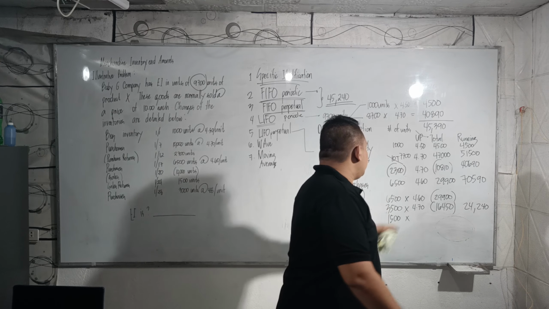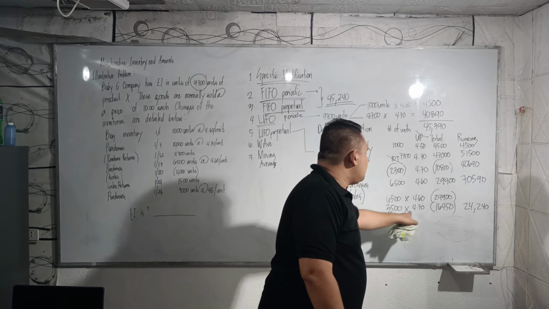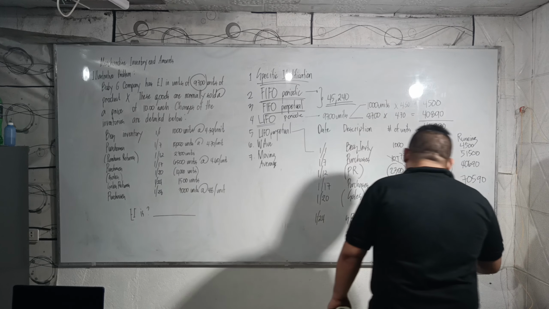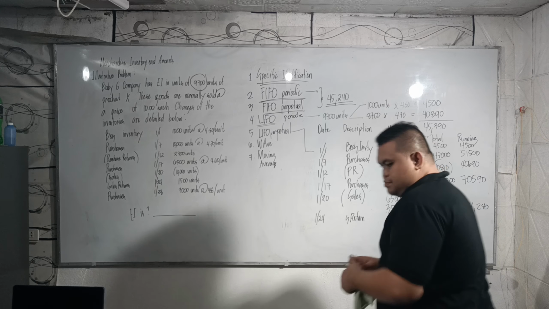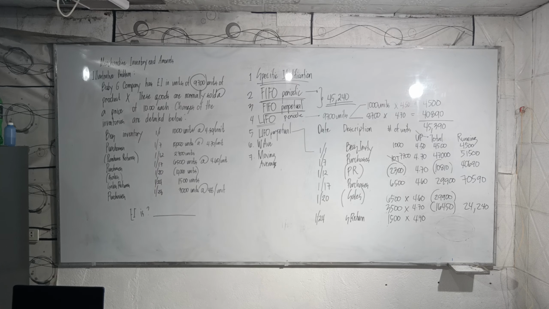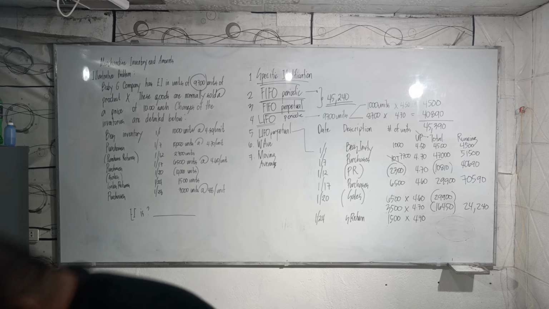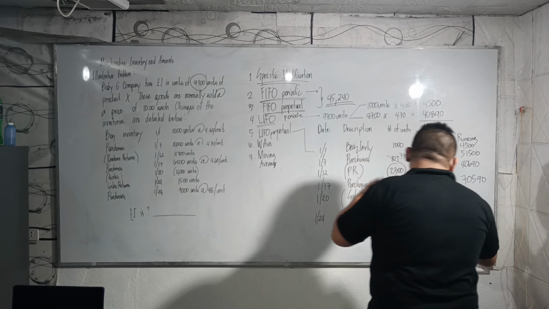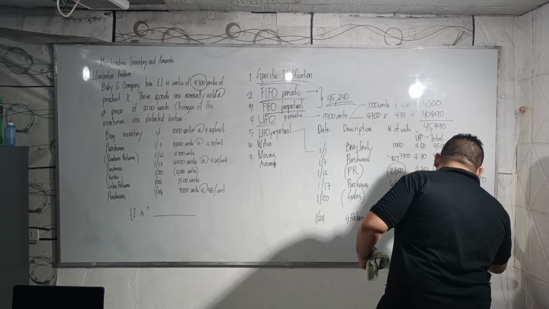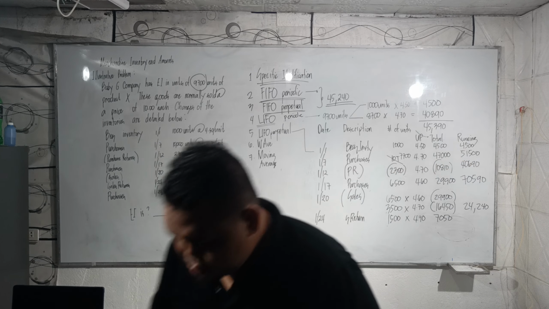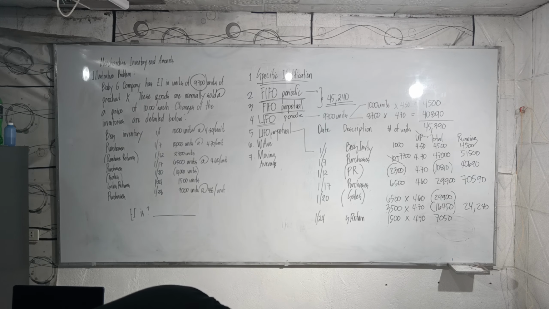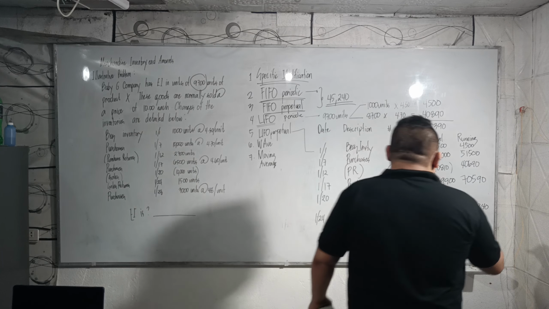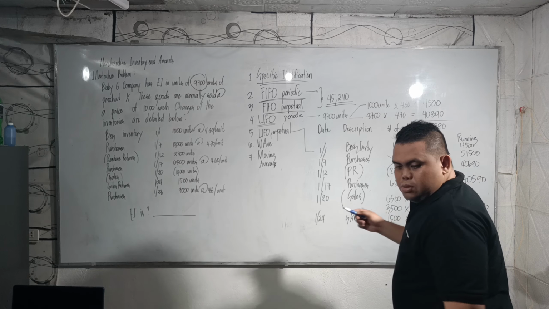And it's based on this group, the 3,500 times 4.70. So let's use that. 1,500 times 4.70, that is 7,050. So the running total, 7,050 plus 24,240 equals 31,290.